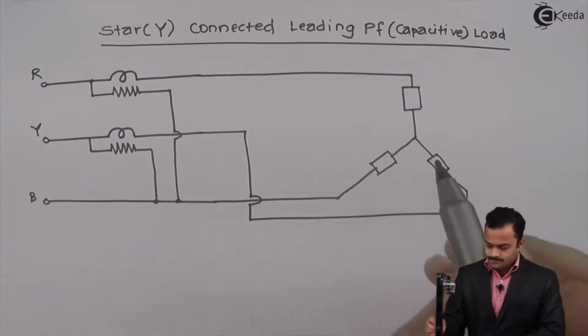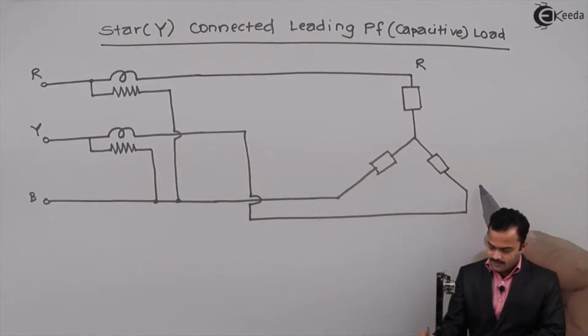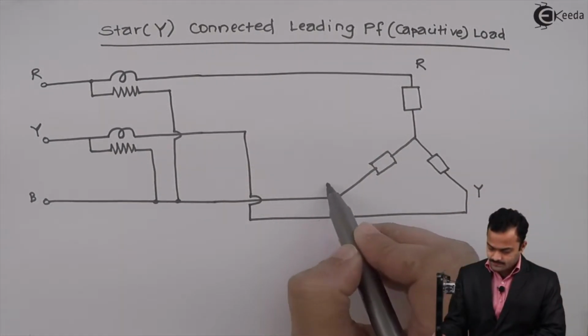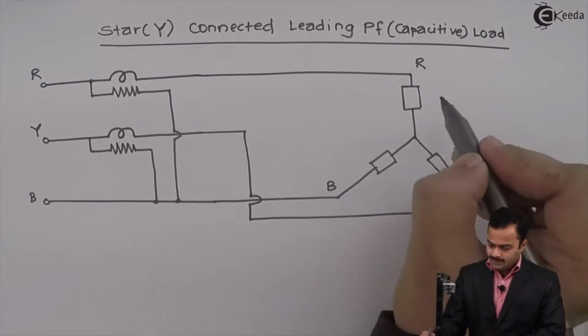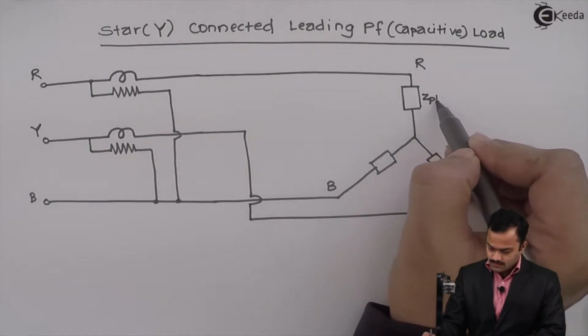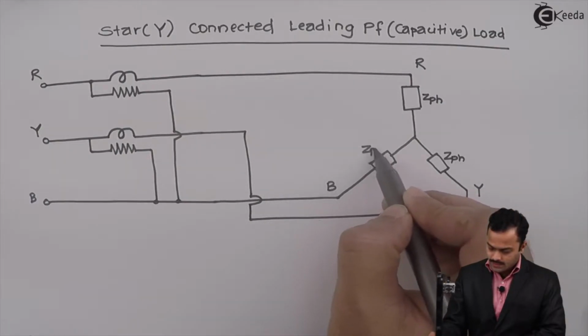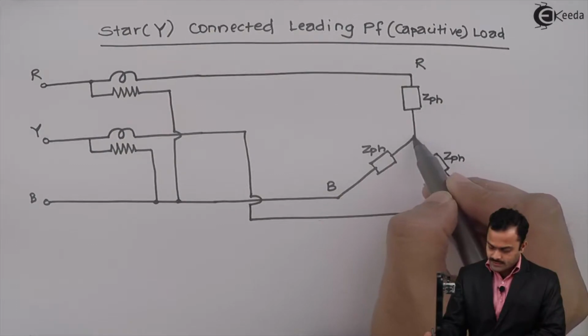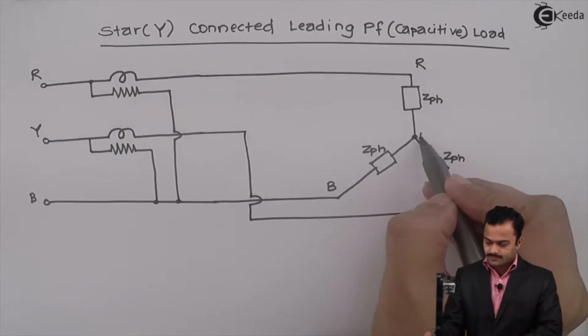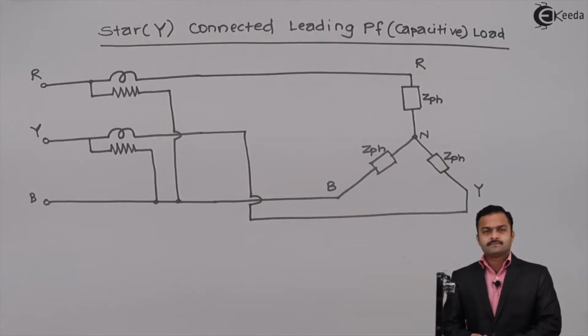So this is a load having R, Y, B phases and impedance ZPH. It's a balanced load, so the impedance magnitude is the same and the phase angle is also the same, and this is the neutral point.